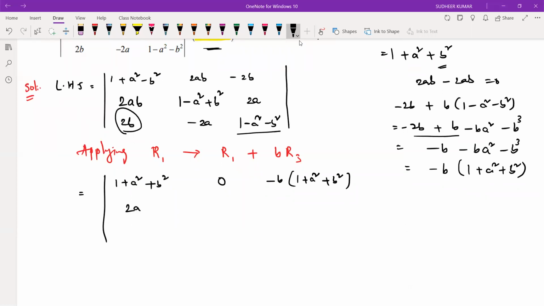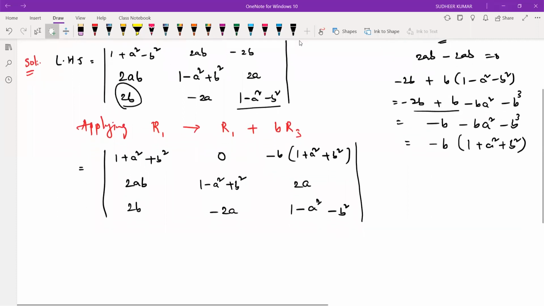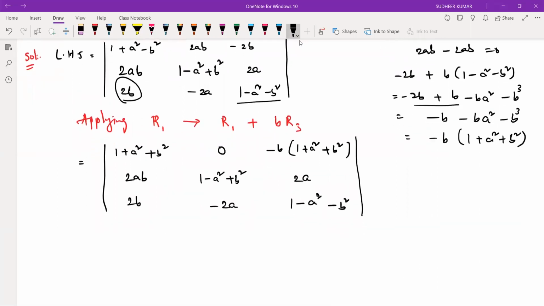And the next one is 2AB, 1 minus A square plus B square, and this is 2A. And R3 remains same, 2B, minus 2A, 1 minus A square minus B square. Then next, the second row we'll try to make it as 1 plus A square plus B square.